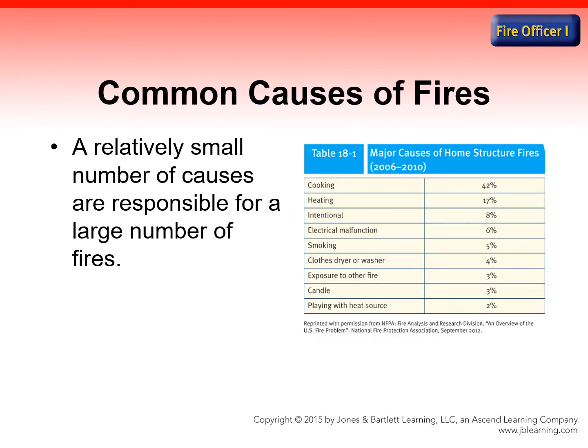So let's look at common causes of fires. A relatively small number of causes are responsible for a large number of fires. We look at cooking fires, 42%, the highest one on the list, and that's for the most part where our problem is. The second biggest one we encounter is heating at 17%.